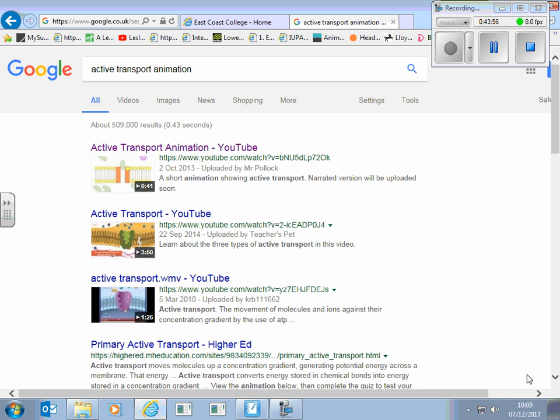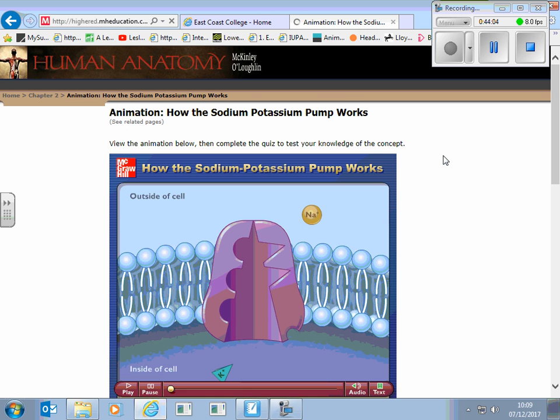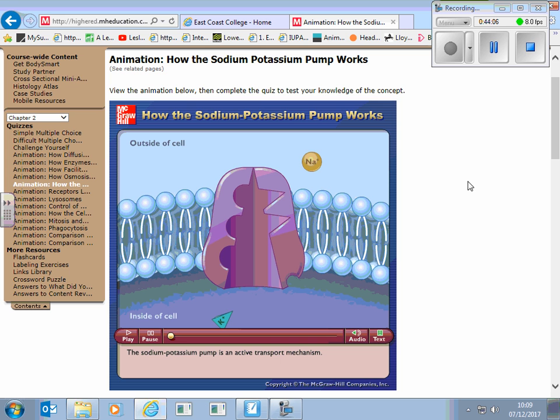I'm going to use the one that I've used before rather than these ones, because I know that it does what I want it to do. There's loads of others, so please use them. This one, all right, just a reminder that this is what's happening at that first step, and then you have to have the facilitated diffusion.